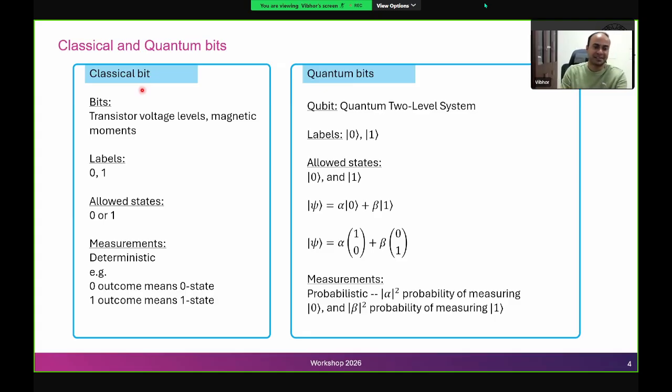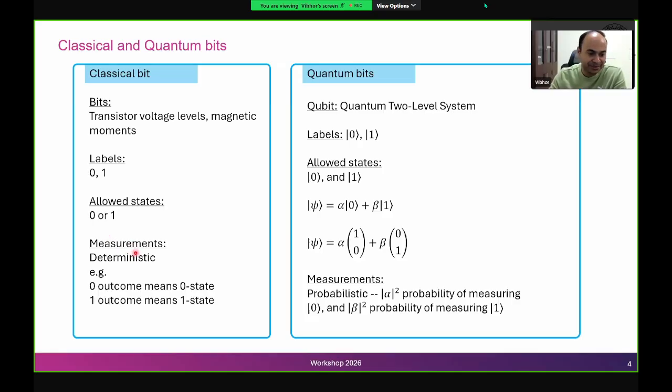For example, in a hard disk, when you read the data, that's where the magnetization of a moment is read. We can assign labels to these states, 0 and 1. There are only two labels that are allowed. That's why the word bit comes in the picture. These are the only two possibilities. Either the system could be in 0 or 1. It cannot be a mix of the two. So it's a well-defined set of states that classical bits can take.